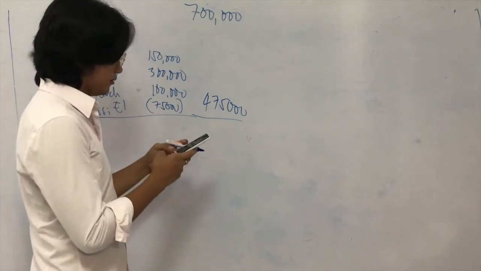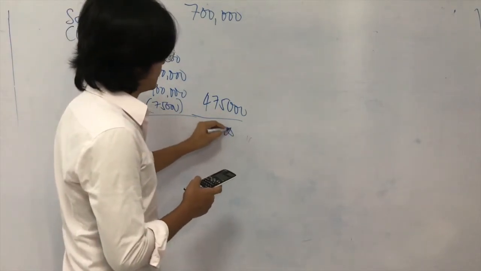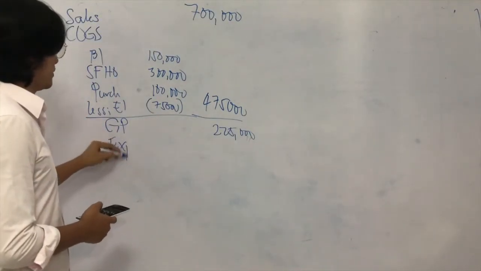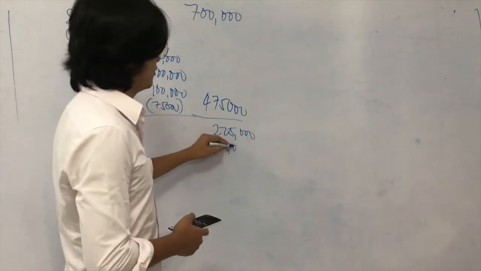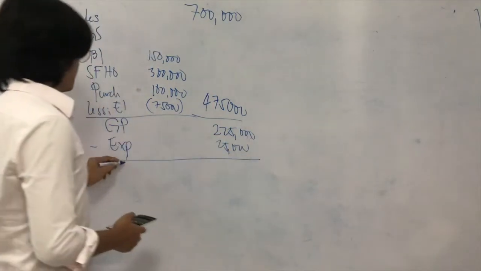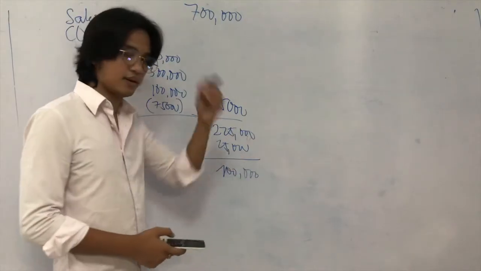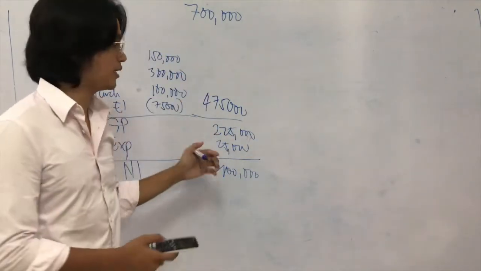So we have 225,000 for the gross profit, less expenses of 25,000. We get the net income reported by the branch at 200,000. Okay, so this is the net income reported by the branch.